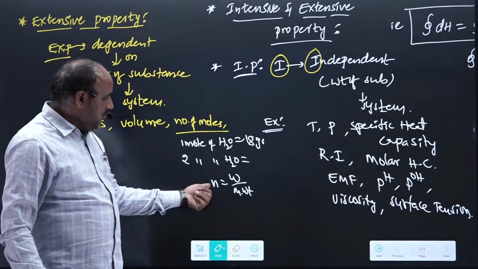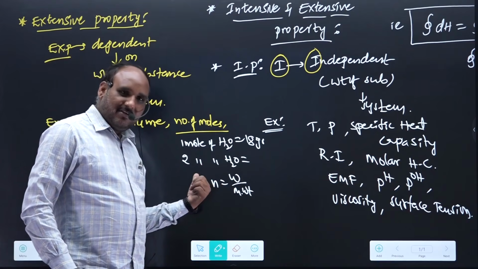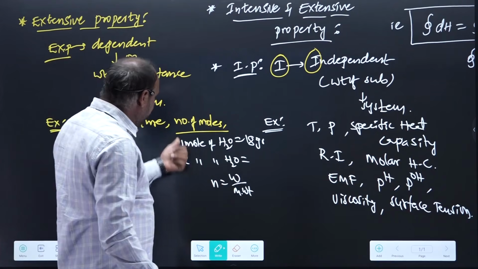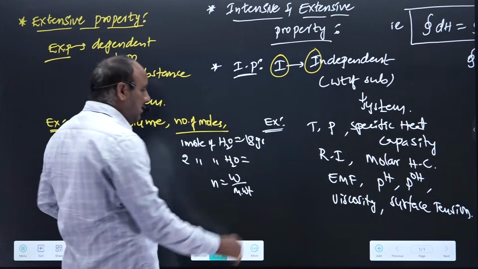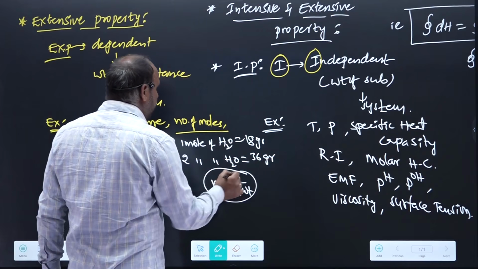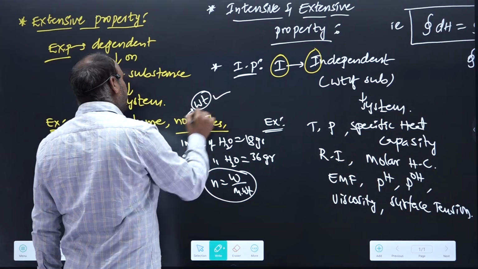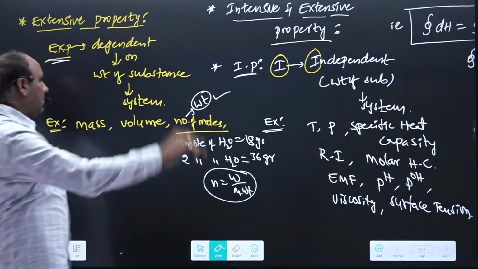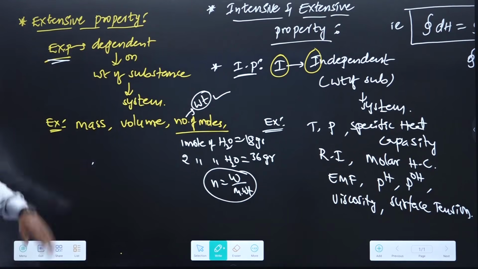Number of moles is 2. Molecular weight is 18. 2 into 18, 36. That is the weight. So 2 moles means 36 grams. Therefore, this is weight dependent. Therefore, extensive property. Number of moles will be what? Extensive property. Right. Mass, volume, number of moles.